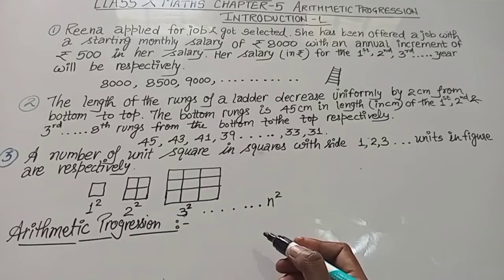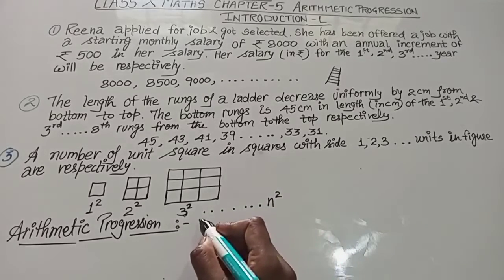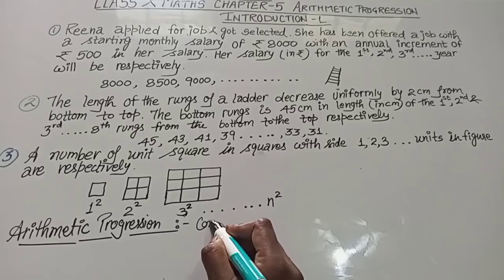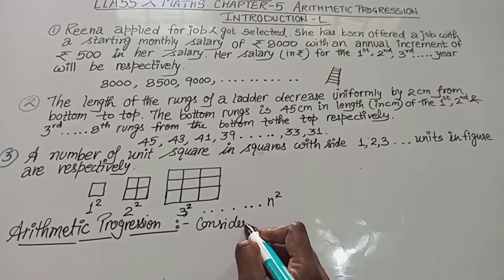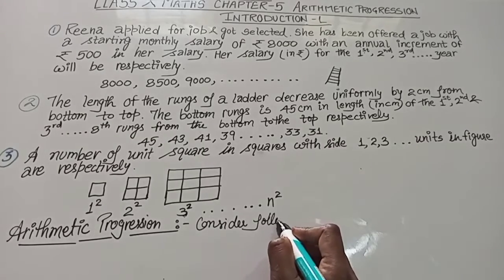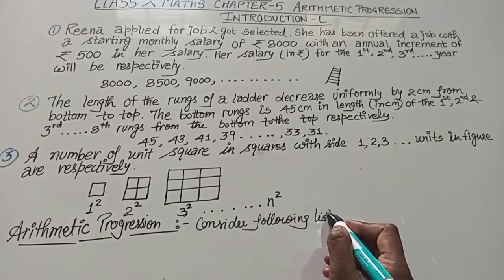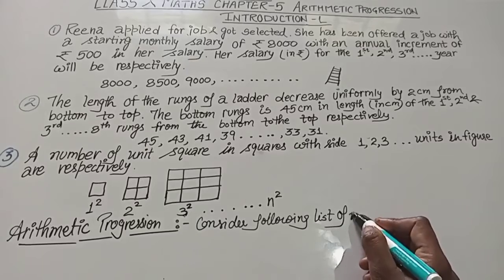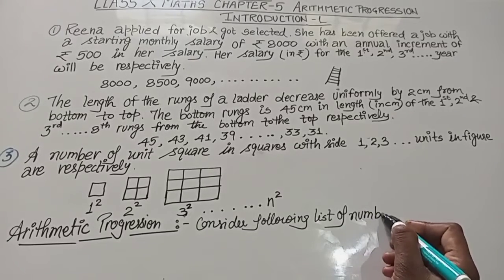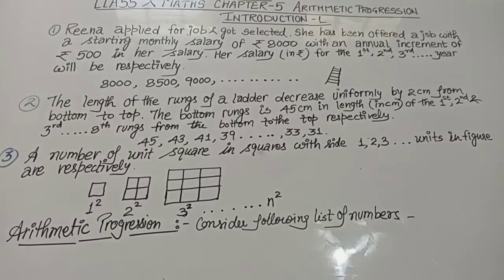Consider the following list of numbers. The first one is 1, 2, 3, 4, and so on.